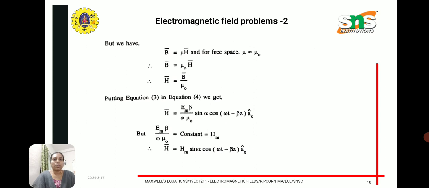Substituting the B vector value, we get H as Hm sin alpha cos(omega t minus beta z) Ax cap. In both problems we have used the Maxwell's equation of Faraday's law, and we can find the magnetic field intensity and magnetic flux density. Similarly we can use other Maxwell's equations to find the magnetic field and electric field values.